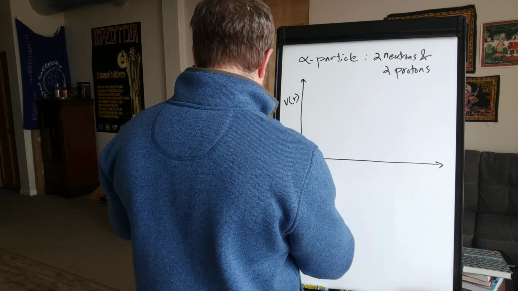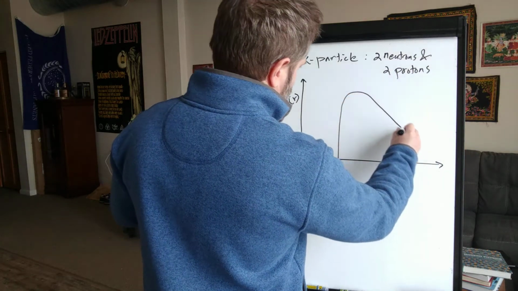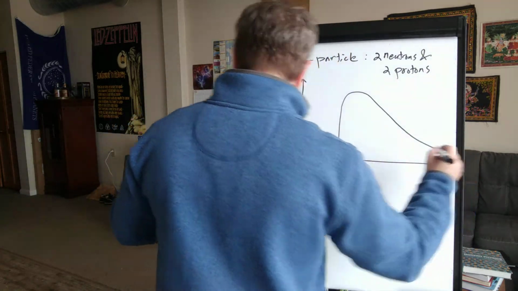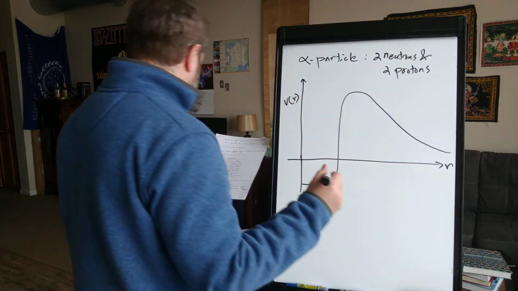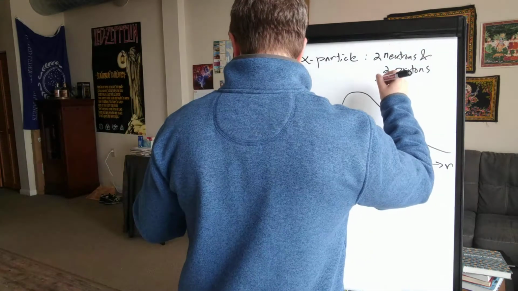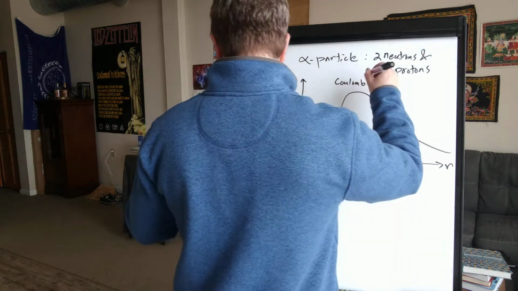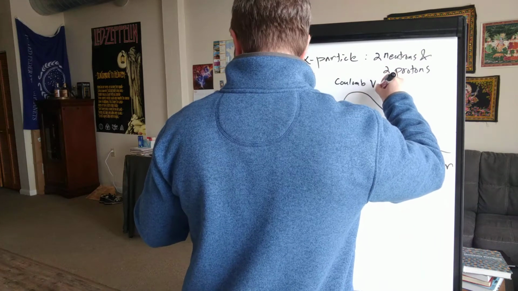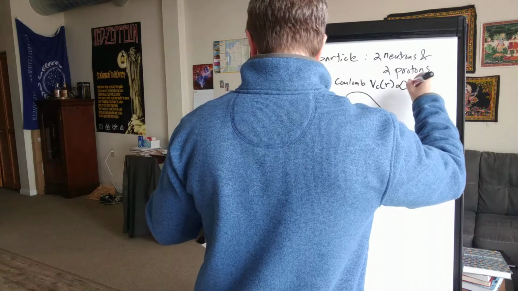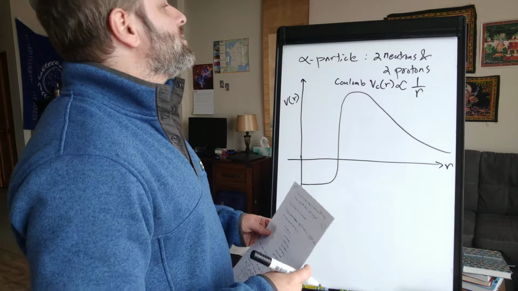looks something like this. Okay? So with respect to radius, of course. So we know our Coulomb force, V_C(r), or rather our Coulomb potential, is 1 over r.